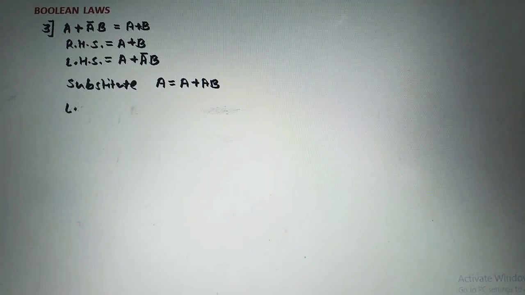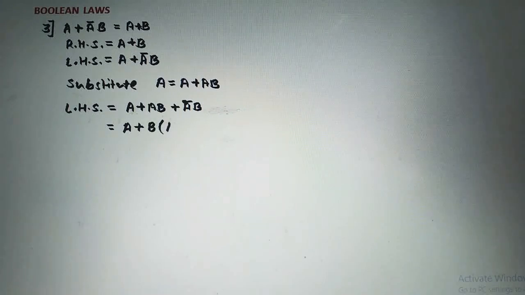Then we can write the left hand side as A plus AB plus A bar B. Then we can write A plus, taking B common here, in bracket A plus A bar.